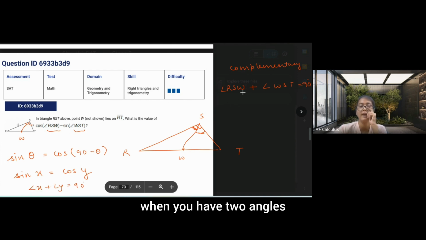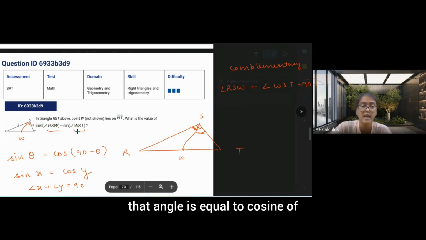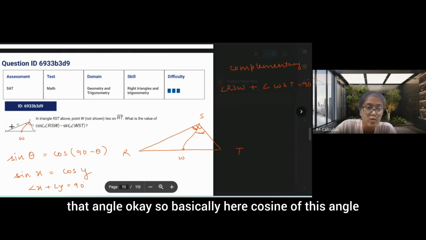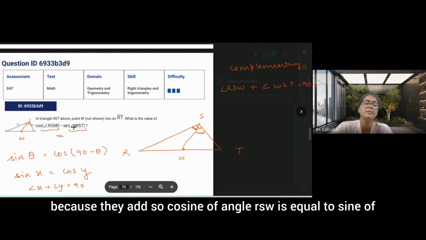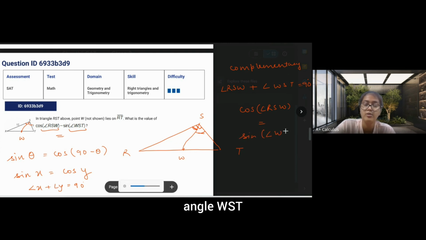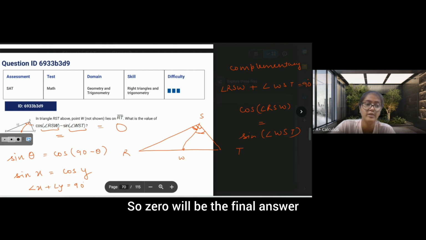So cosine of angle RSW is equal to sine of angle WST. Their subtraction will give you 0, so 0 will be the final answer.